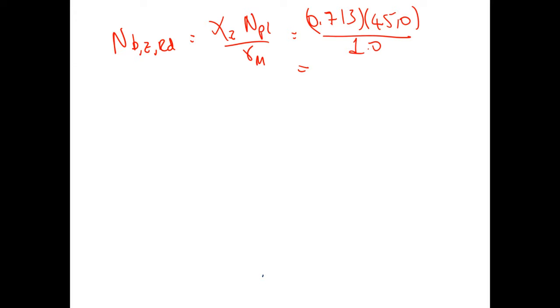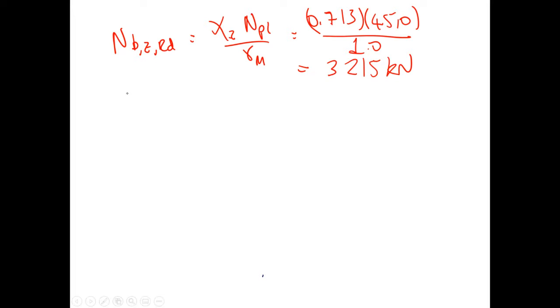We multiply that out, and that gives us 3,215 or so kilonewtons. Okay, so that's the buckling.